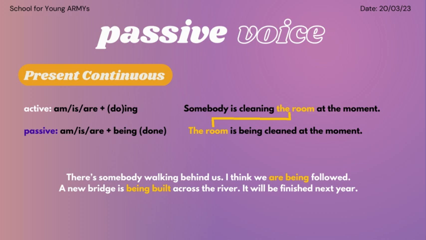Okay, so the difference is that in the passive voice you have the being. So somebody is cleaning the room at the moment, this is active, but in the passive it is the room is being cleaned at the moment, so the room is under some kind of distress.